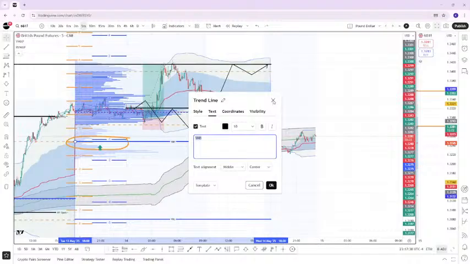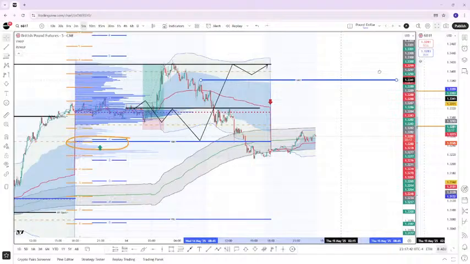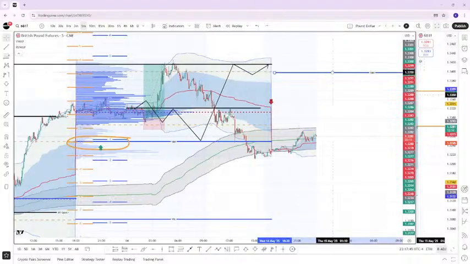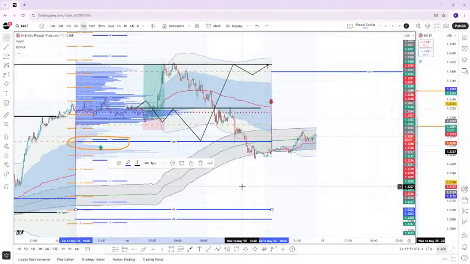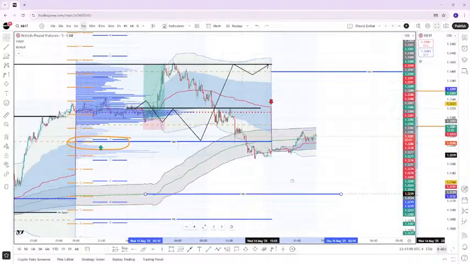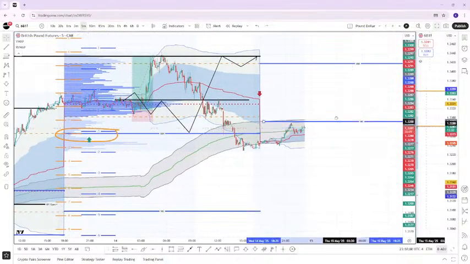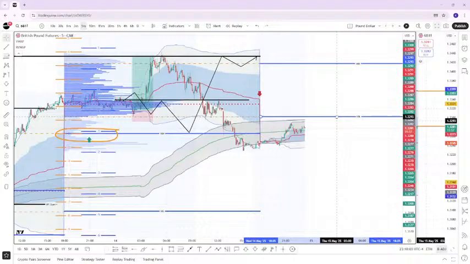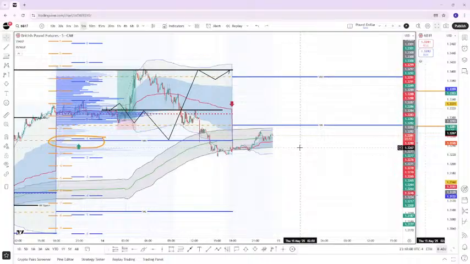Value area high. Value area low. Go back in here.